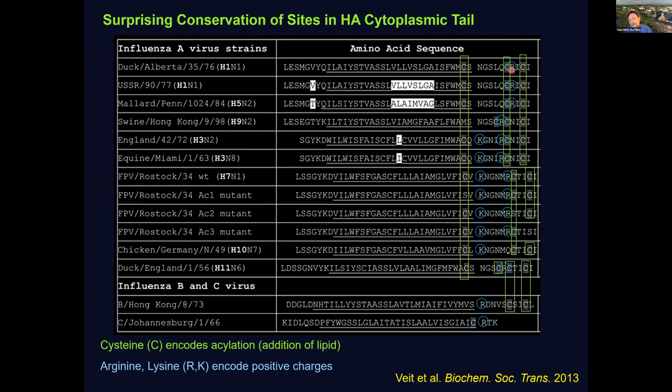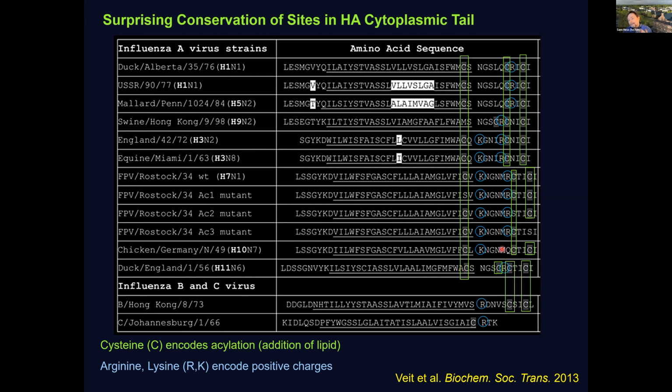And in addition, adjacent to these cysteines are arginines or lysines, which are positively charged. Thus, the thing that might interact could be something in the membrane that would interact with the acyl groups, and something which is negatively charged to have an attraction to these positive residues.